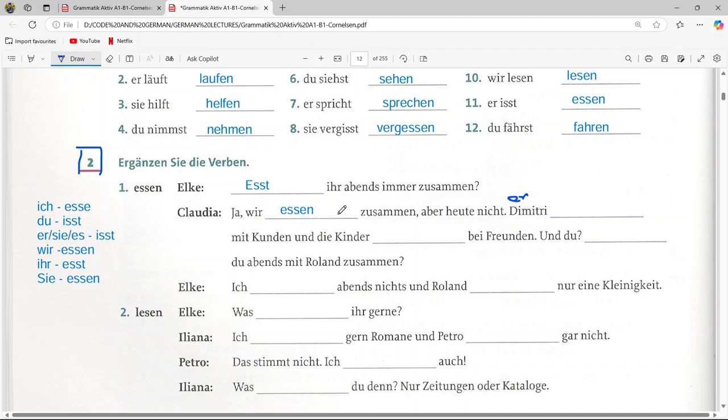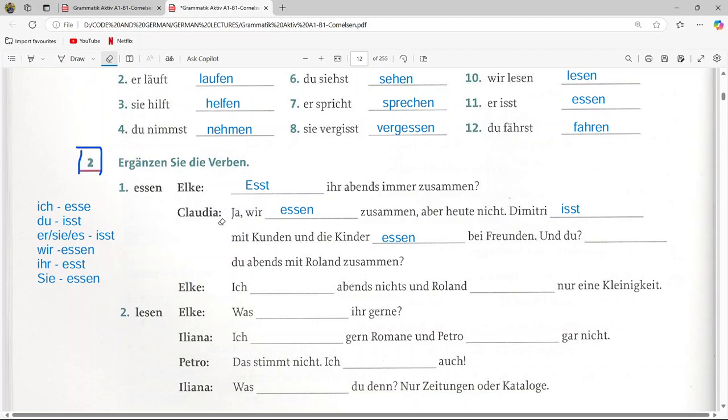And what is the conjugation of essen with er? It is isst, so Dimitri isst mit Kunden, Dimitri is eating with the customers. Und die Kinder is plural, and for plural, sie, they, we can write here essen. Die Kinder essen bei Freunden. So the sentence becomes: Dimitri is eating with customers and the kids are eating with their friends.